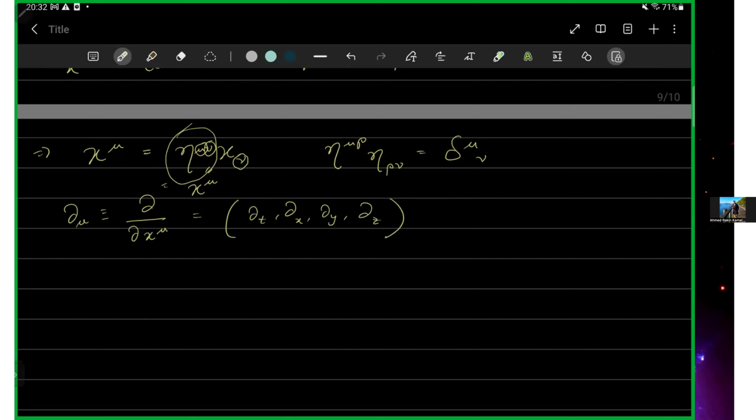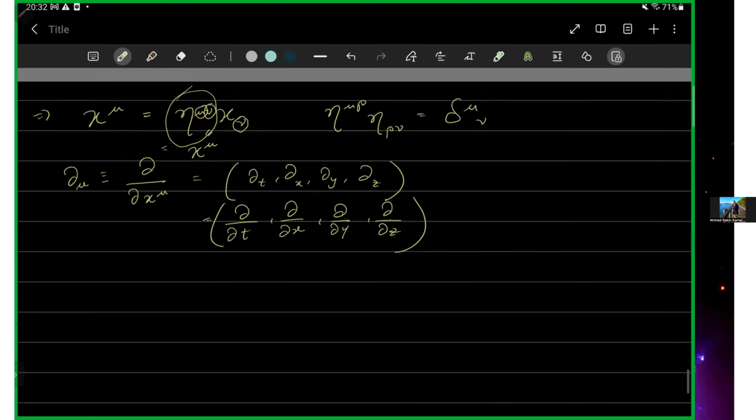This just means that it boils down to ∂/∂t, ∂/∂x, ∂/∂y, and ∂/∂z respectively. And this is an important covector because it appears very frequently in relativistic equations of motion. Of course, these are partial derivatives, so you would have them in equations of motion.